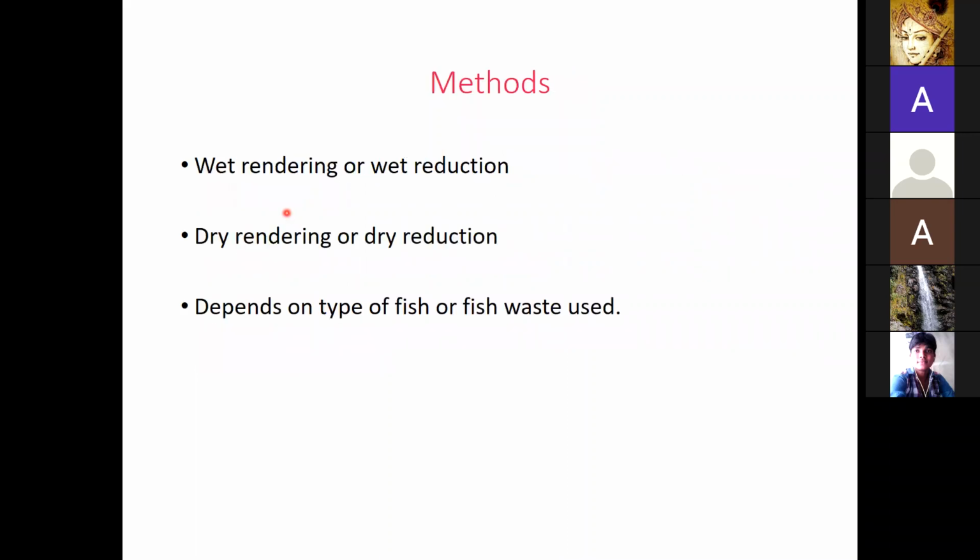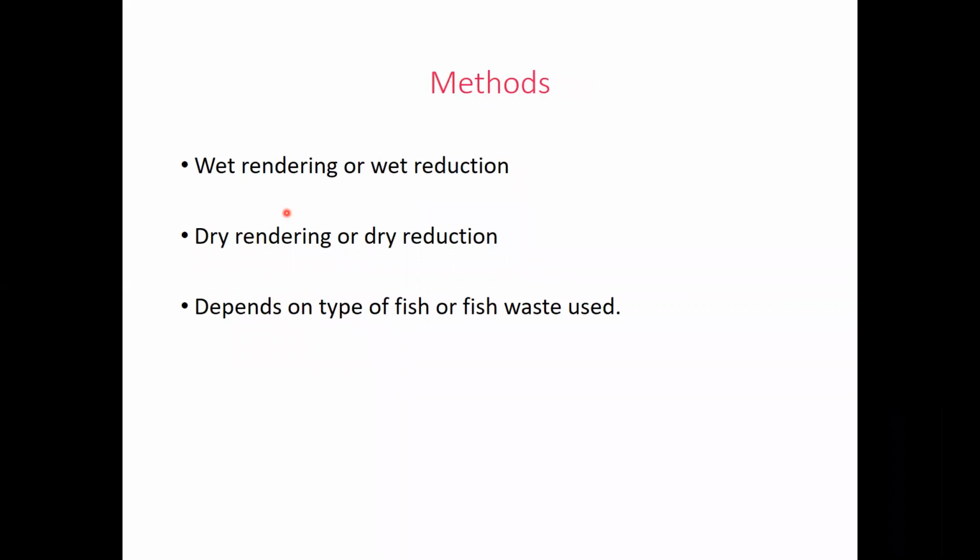Then we have different methods by which we can produce fish meal. One is wet rendering or wet reduction. Wet rendering or wet reduction is especially applicable for fatty fishes. The second method for production of fish meal is dry rendering or dry reduction. Dry rendering or dry reduction is especially for lean fishes, that means fishes which have a small amount of fat or oil in their body.